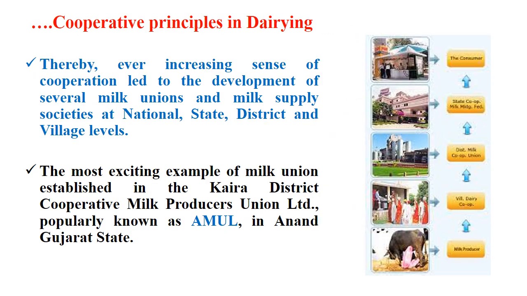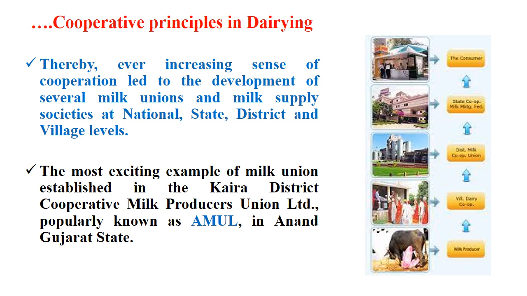In continuation about cooperative principles in dairying, slowly an increasing sense of cooperation led to the development of several milk unions and milk supply societies at national, state, district and village level.